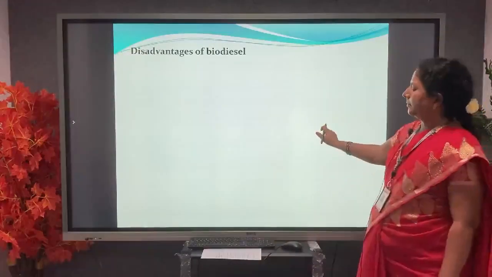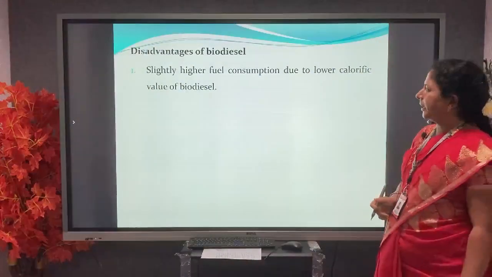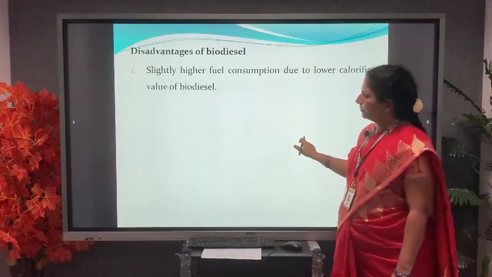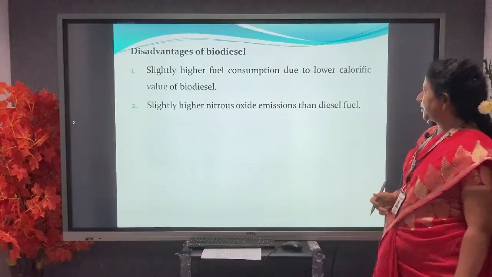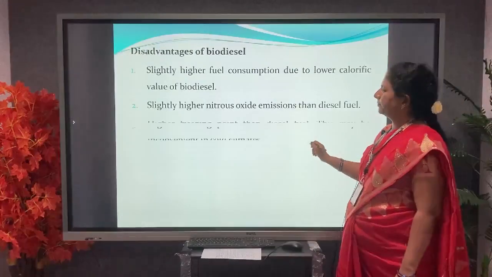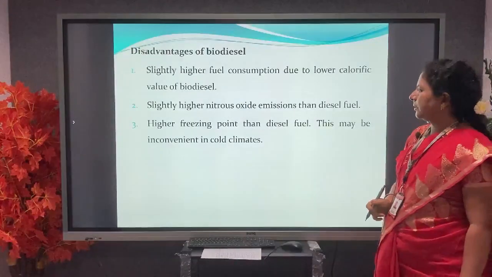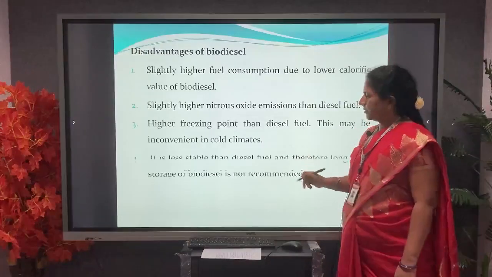Disadvantages of biodiesel. Biodiesel has slightly higher fuel consumption due to low calorific value. Slightly higher nitrous oxide emissions than diesel fuel. Higher freezing point than diesel fuel, which may be inconvenient in cold countries.